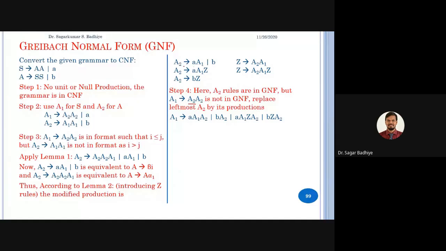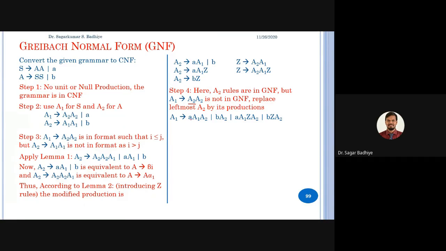The first rule of A2 is A1 A A1, so we'll replace this A2 by A A1 A2. Then the second is B, so it would become B A2, right? Then the third rule is A1 Z, and this A2 will be as it is. Lastly, this is B Z, so this A2 will be replaced by B Z, and the last A2 stays as it is, so it would become B Z A2.